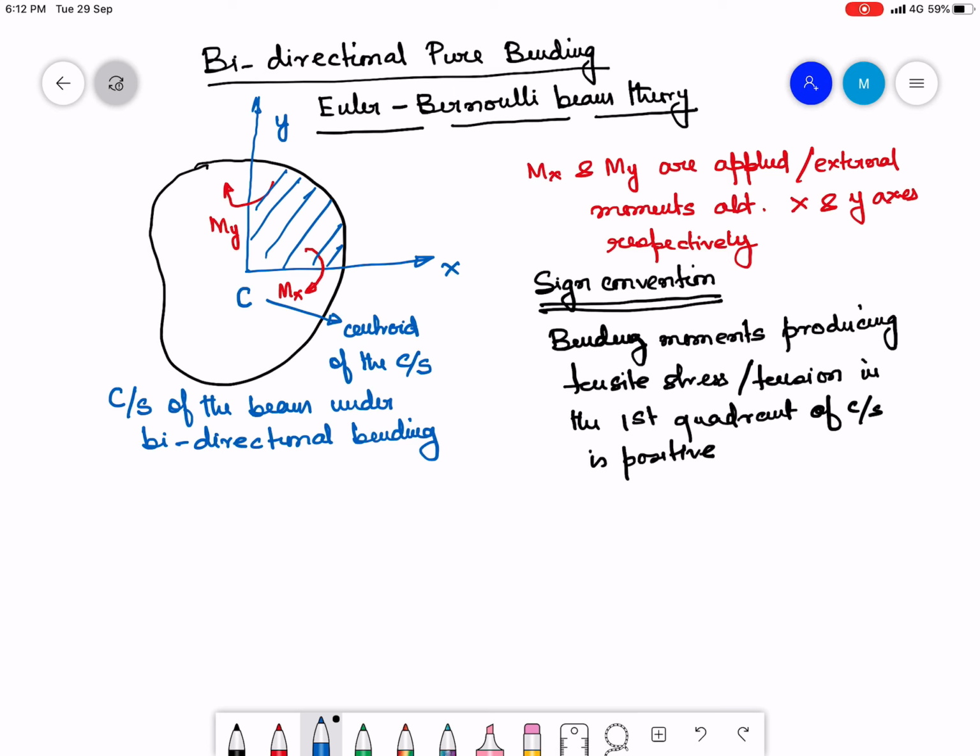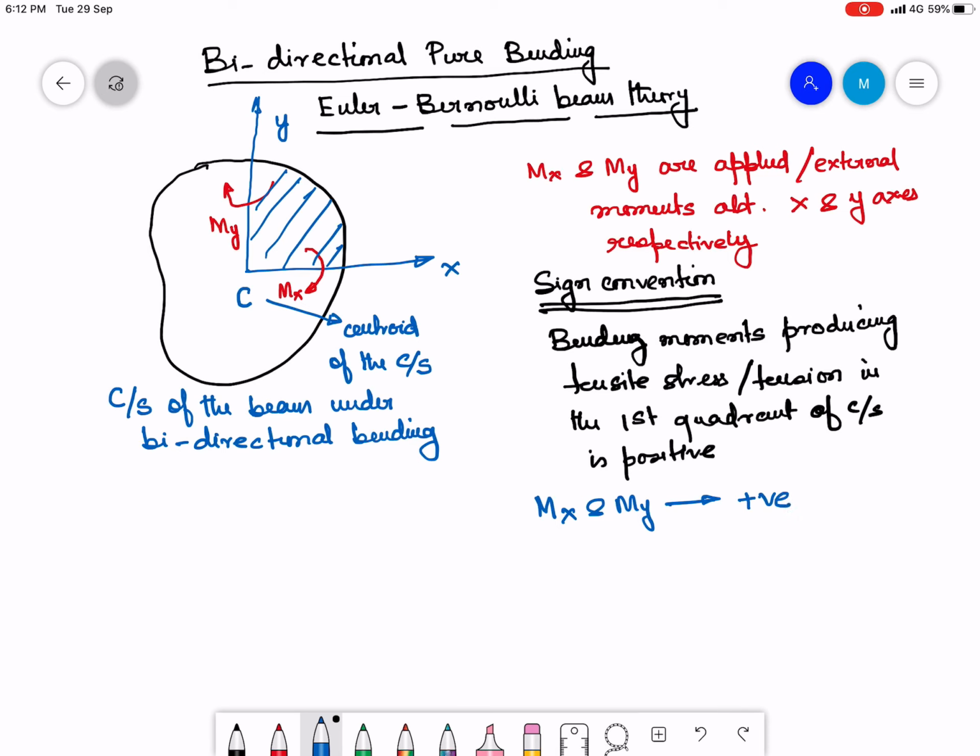Similarly, My is also going to produce tension in the first quadrant, so My is also positive. Therefore, Mx and My both are positive according to our sign convention.